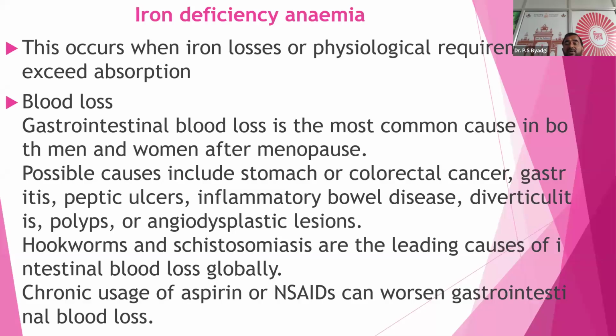What has been mentioned in modern medicine also: stomach or colorectal cancer, gastritis, peptic ulcers, inflammatory bowel disease, diverticulitis, polyps, angiodysplastic lesions. Hookworm infestation and schistosomiasis are the leading causes of intestinal blood loss. These two parasites are mainly responsible for that.